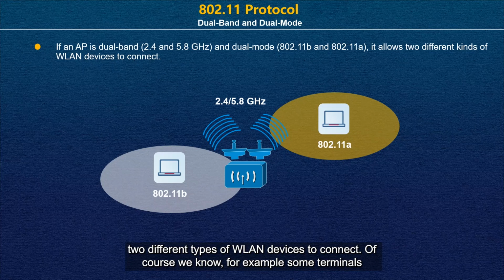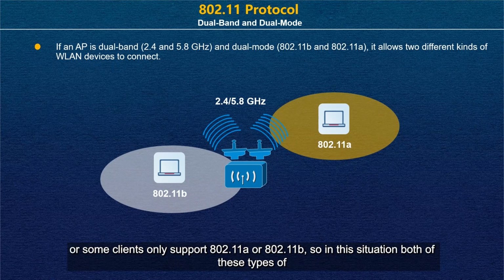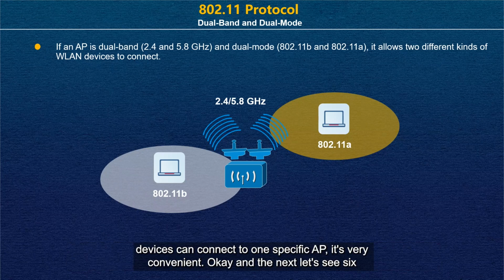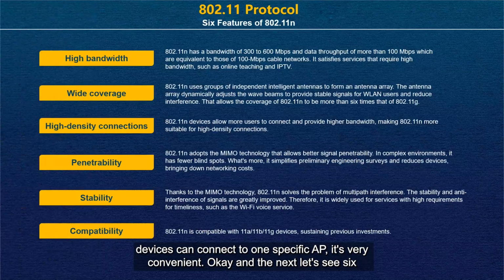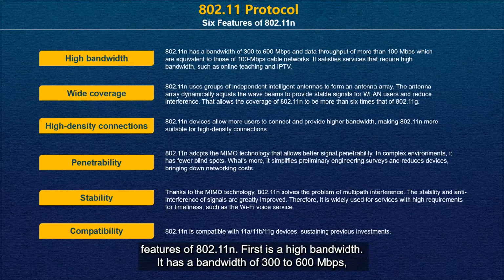Of course, as we know, some terminals or clients only support .11a or only support .11b. So in this situation, both of these types of devices can connect to one specific AP. It's very convenient, right?